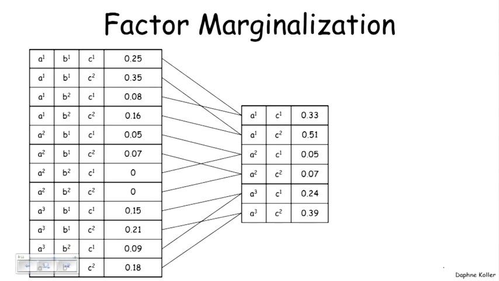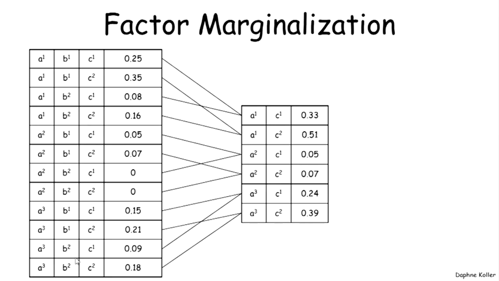Another important operation is factor marginalization. Factor marginalization is very similar to, in fact, identical to the marginalization of probability distributions, except that it doesn't have to be a probability distribution.